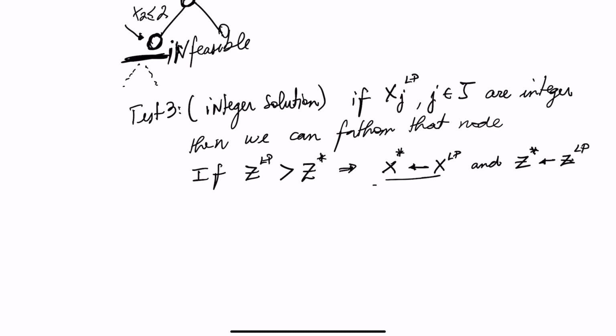So it means that the incumbent solution for the decision vector is equal to the current solution that I found for the LP relaxation, because they are all of integer value, and it means that my objective function value is the same that I got from my LP relaxation.